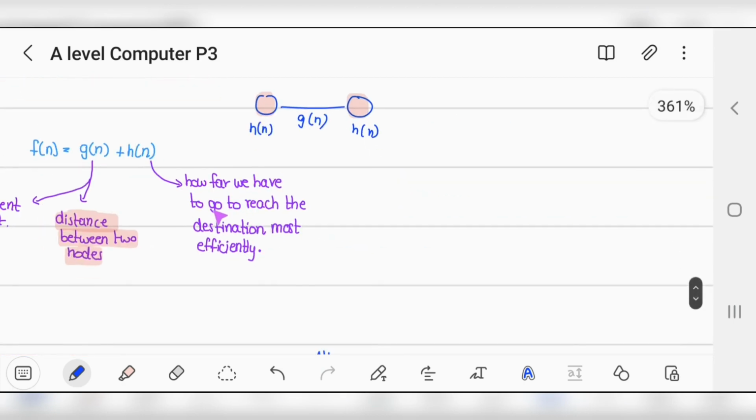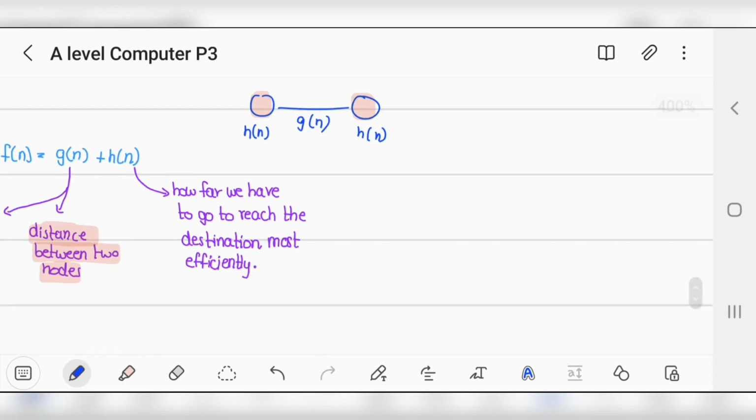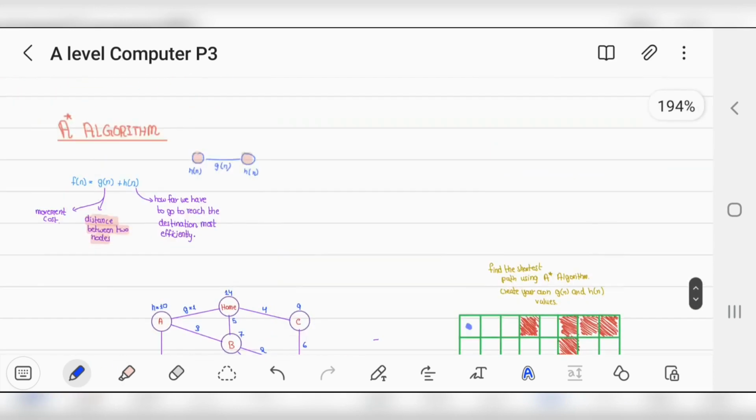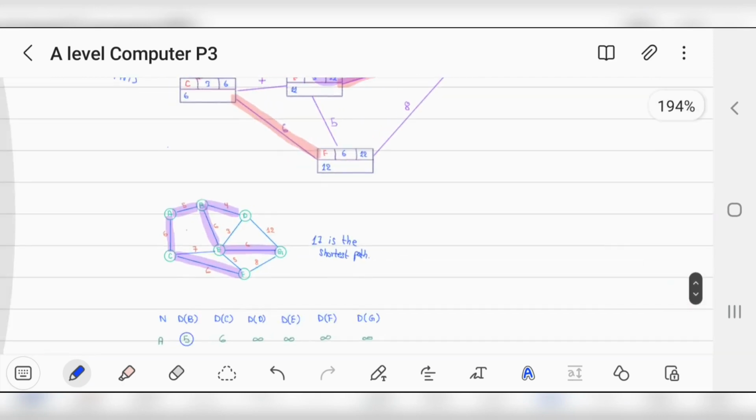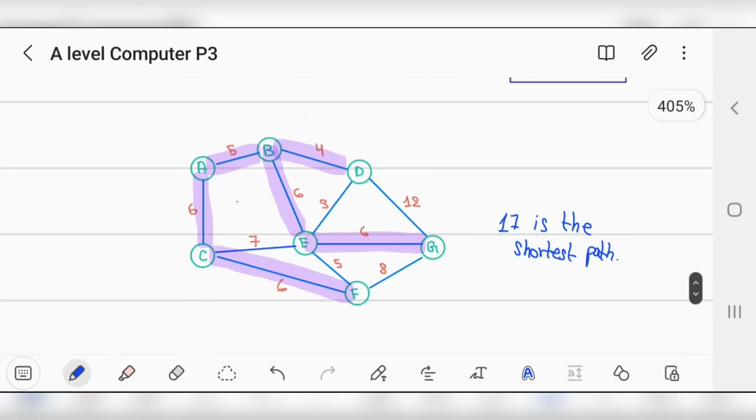How far we have to go to reach the destination most effectively, which means that if you have this, and let's suppose this is the movement cost, and we have Hn.